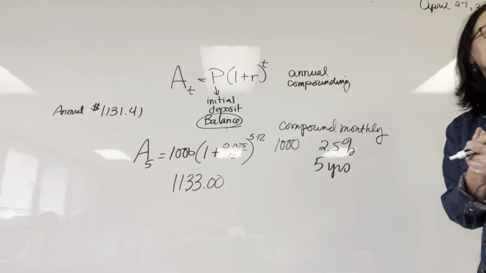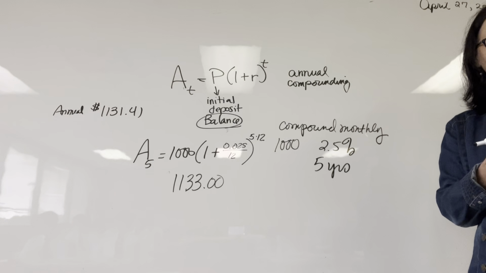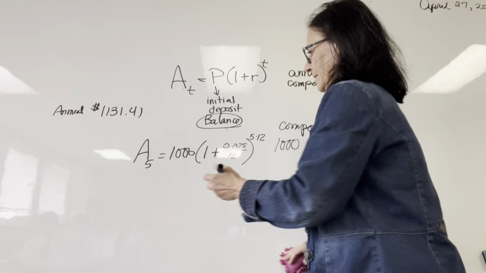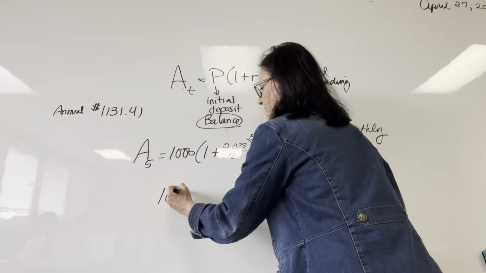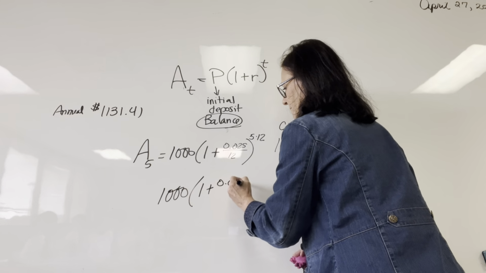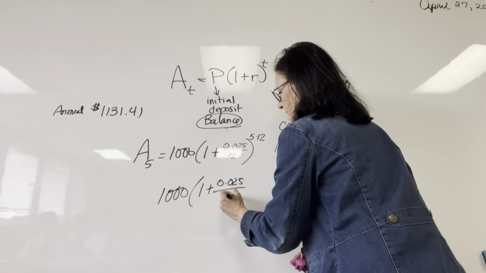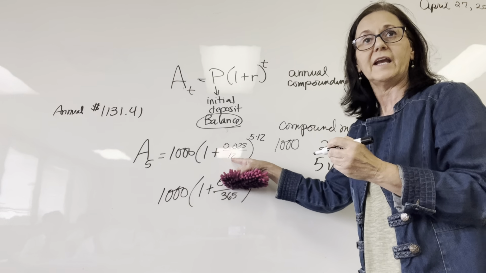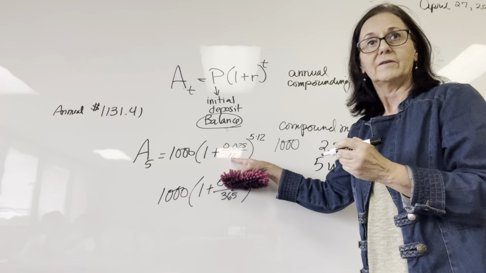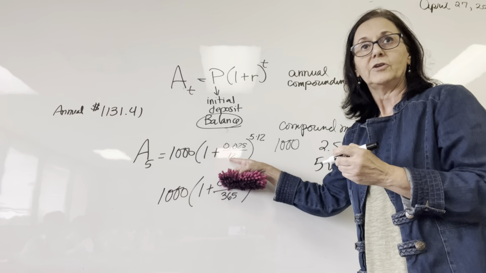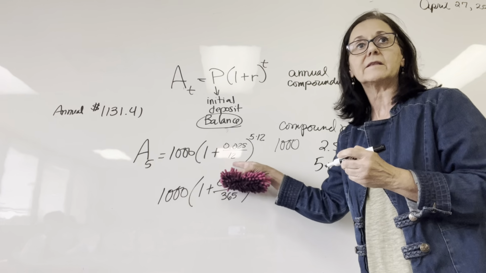What if we compounded daily? We'd have to multiply it by 365. Actually, you'd have to throw in a leap year, so there's an extra day in there. Wait, so why do you have the 12 there? Because there's 12 months in a year, so you have to make that rate a monthly rate.